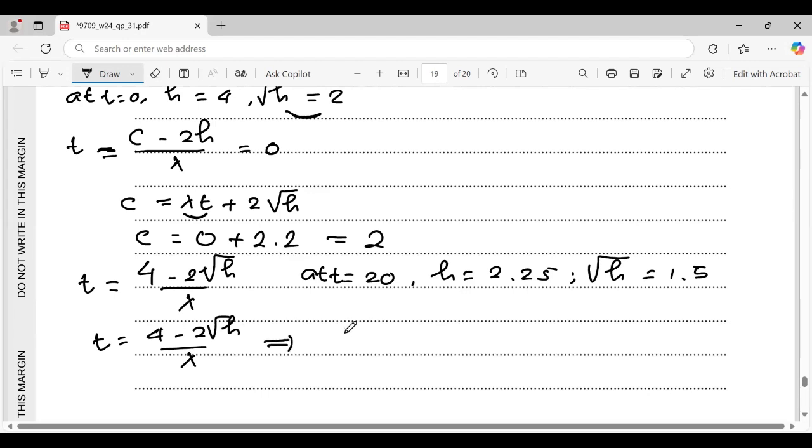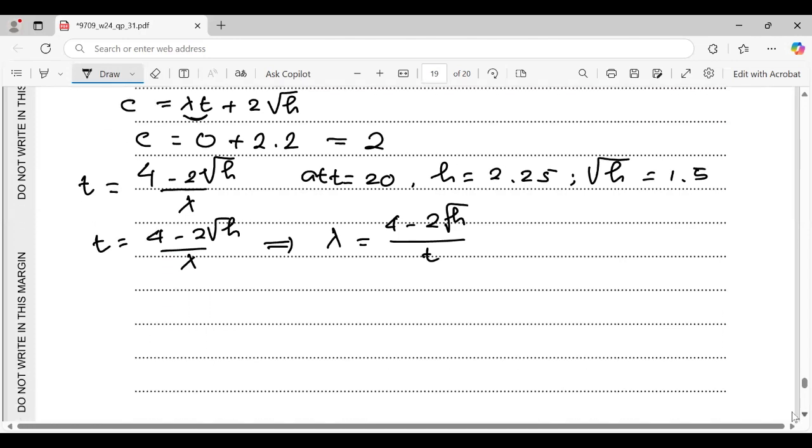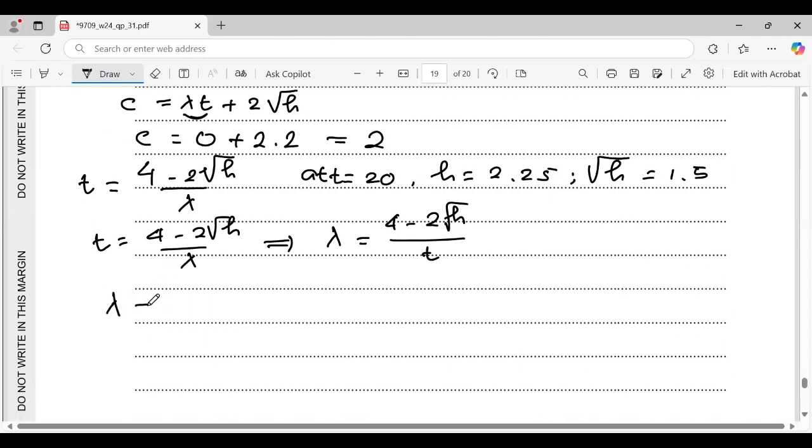We rearrange: lambda equals 4 minus 2 square root h over t. So lambda equals 4 minus 2 times 1.5 over 20, 4 minus 3 over 20, which means 1 over 20.